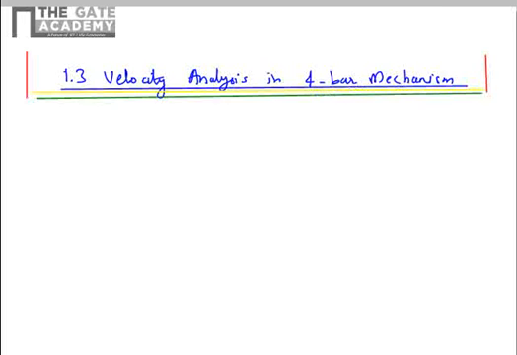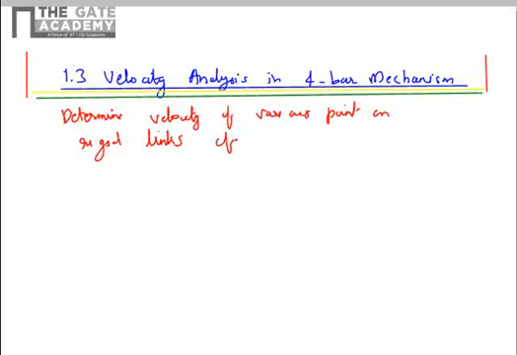In this topic we will study velocity diagrams from which we can determine the velocity of various points on rigid links of a mechanism.